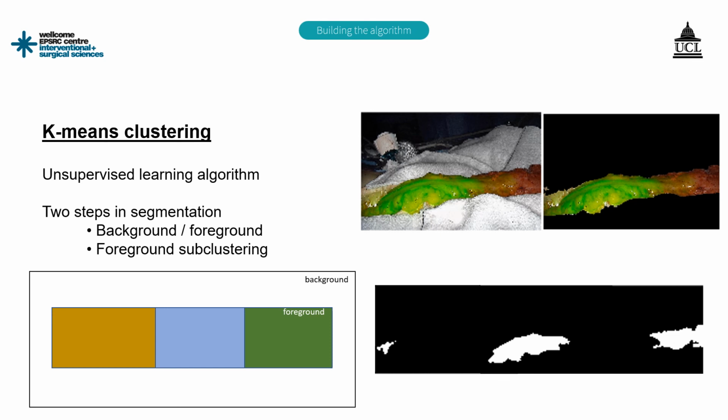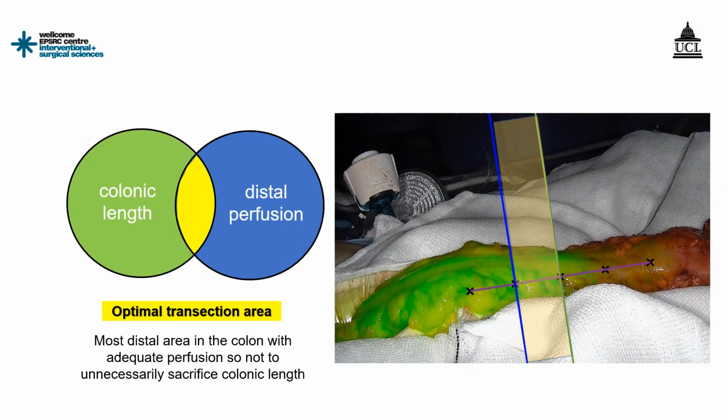And once it can do that, it can allow us to build an algorithm to tell us where the optimal transection point is, based on the intensity of the pixels and also on the clinical outcome data that we've fed in. Because we need to know that we create an anastomosis which is distal enough to preserve colonic length, but also proximal enough to preserve perfusion.